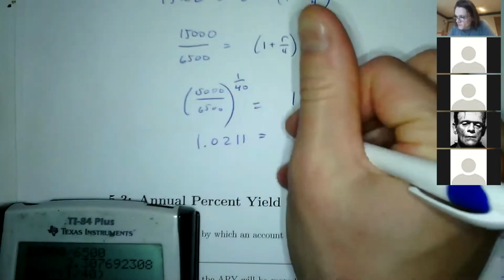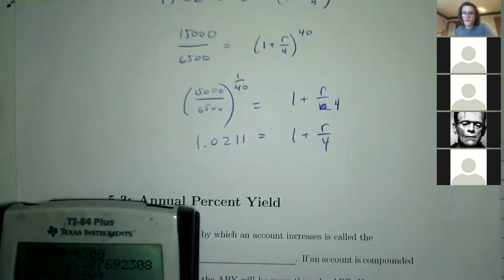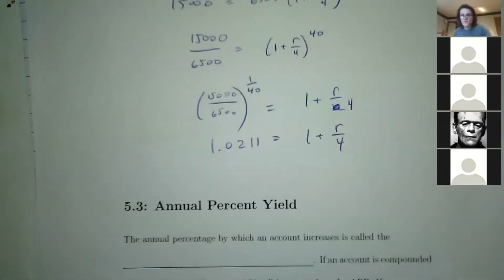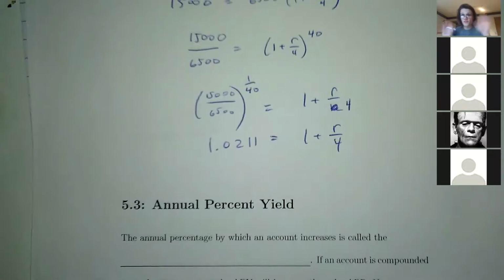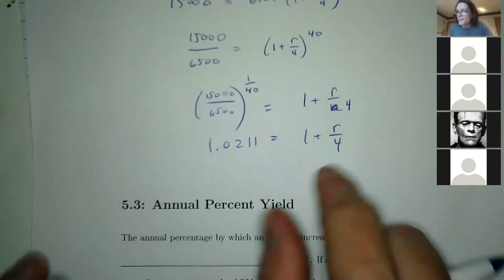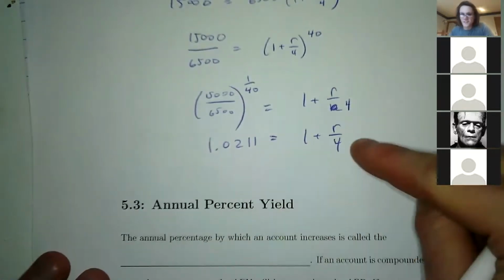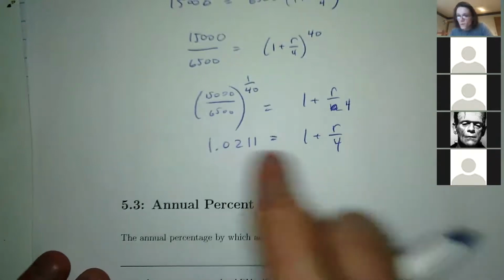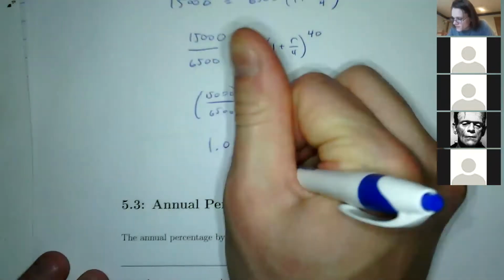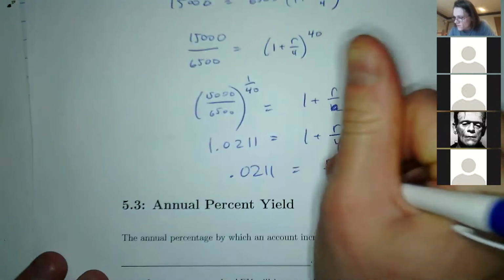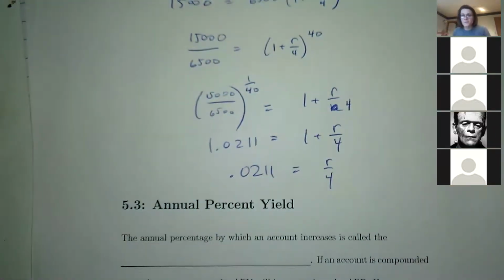And then this is equal to 1 plus r over 4. And now this is much nicer, right? We've just kind of reduced all our anxieties. And now we can just solve this simple equation here. So I'll subtract 1 from both sides. So I get 0.0211 equals r over 4. And I just multiply both sides by 4.